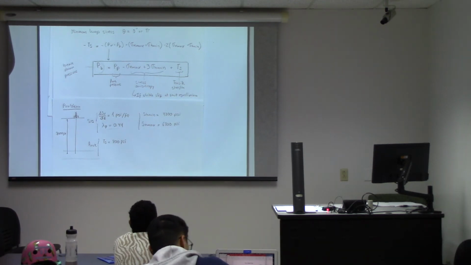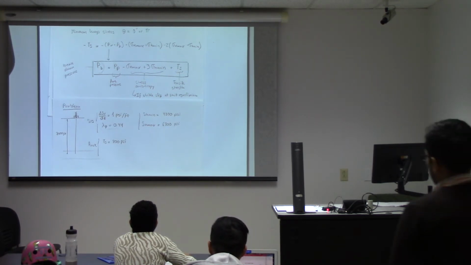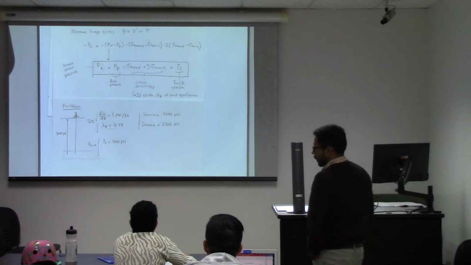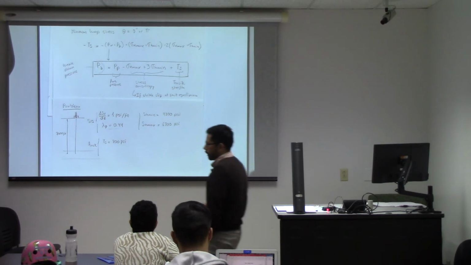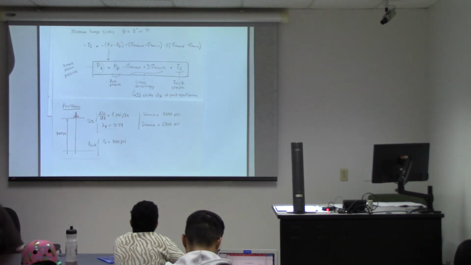Okay, so while you solve that problem, let me tell you a little bit about what is called breakdown pressure. It is called breakdown pressure because sometimes, but not always, if you exceed that pressure, you may cause lost circulation in the wellbore.